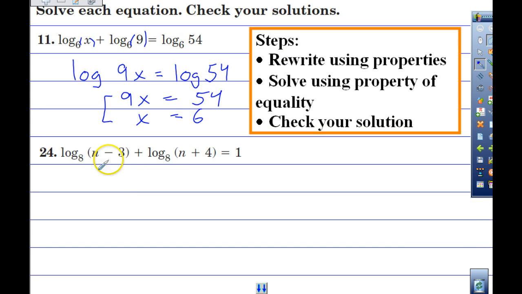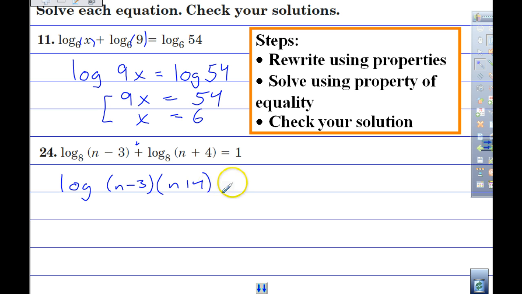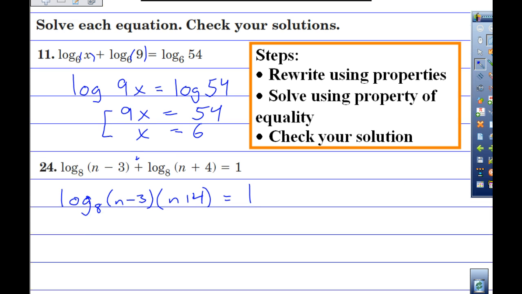Looking at the second one, again, you see addition, you think multiply. Showing work, I'm going to do n minus 3 times n plus 4 equals 1. Now here, the base actually matters. So we have our two different types of problems right here in front of you.